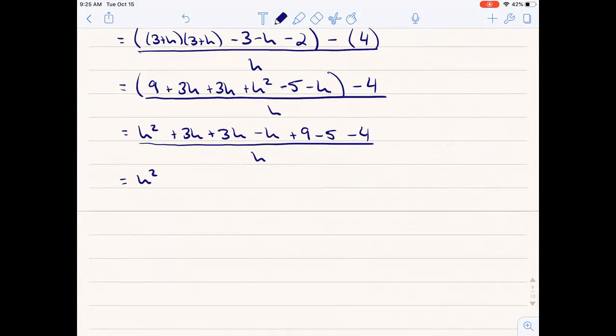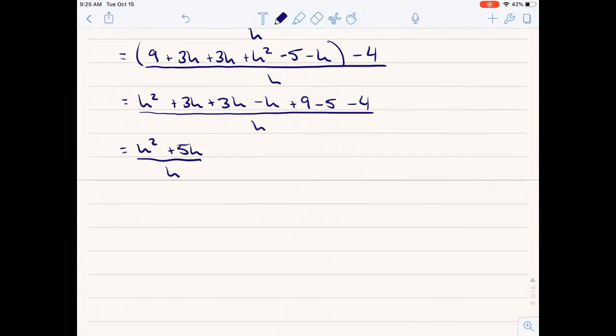h squared, 3 plus 3 minus 1 is 5, plus 5h. 9 minus 5 minus 4 dissolves, and then over h. I can pull out a common h in the numerator and rewrite this as h times h plus 5 over h. And that's always going to happen if you're dealing with things like this.